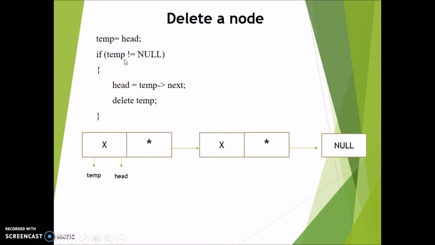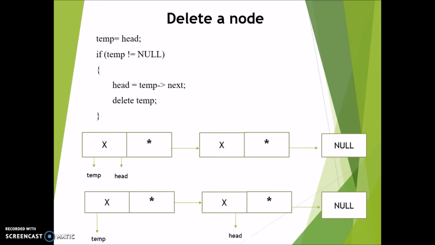And if temp is not equal to null, that means temp is not the last one, the head will equal temp pointing to next. So the head will now move to the next node of temp, and then delete temp. That means the first node is now deleted.